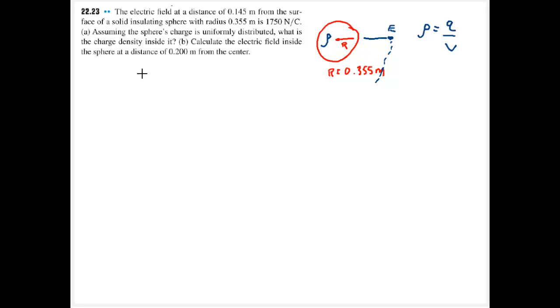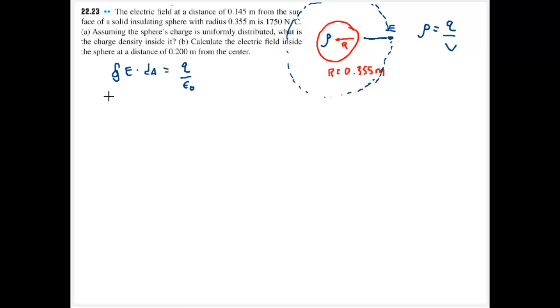So first let's go ahead and solve for the charge. If I draw my Gaussian surface to be a sphere, we can write Gauss's law. The integral of E dotted with dA is going to be equal to the charge enclosed divided by the permittivity of free space.